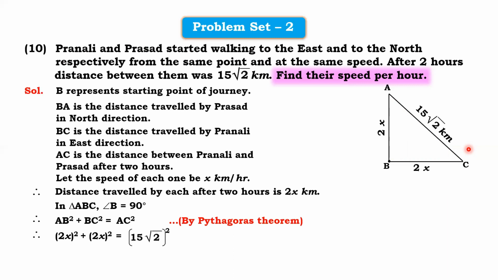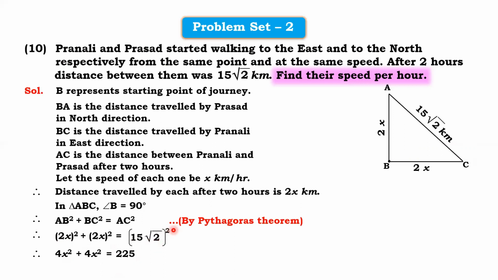Now (2x) the whole square means the square of 2 and the square of x as well. So square of 2 is 4 and square of x is x square. So it is 4x square plus 4x square is equal to square of 15 is 225 and square of square root 2.